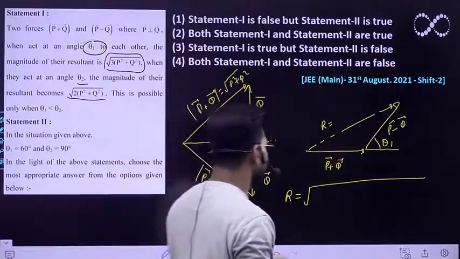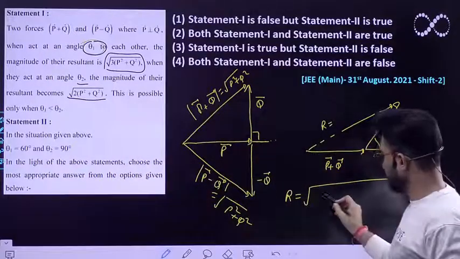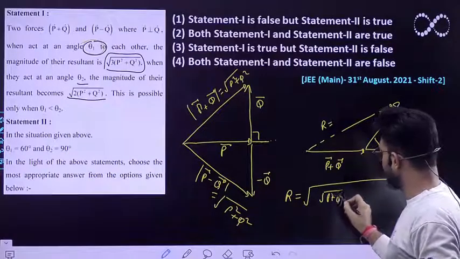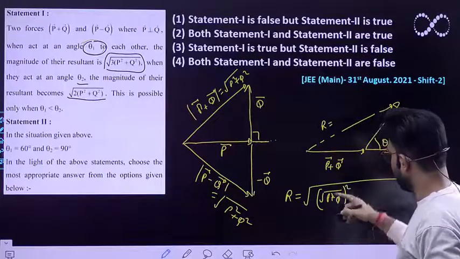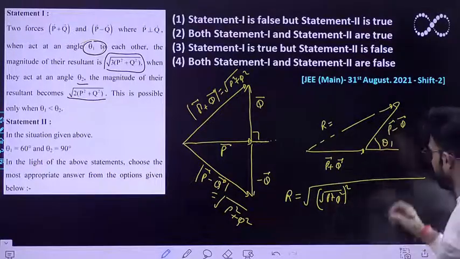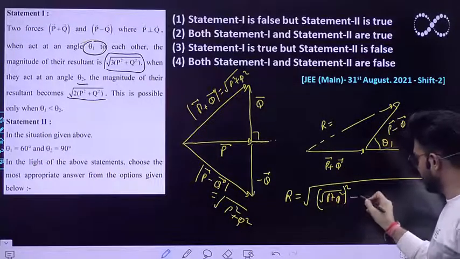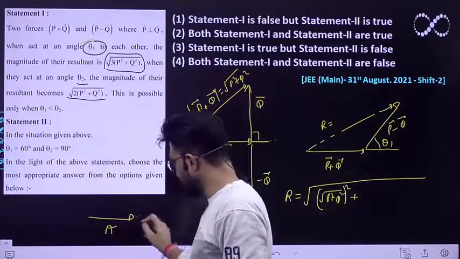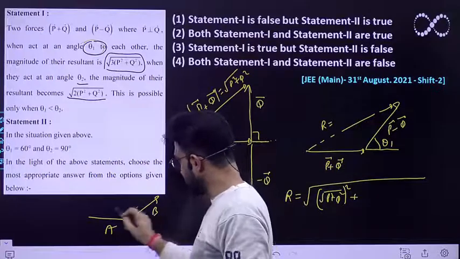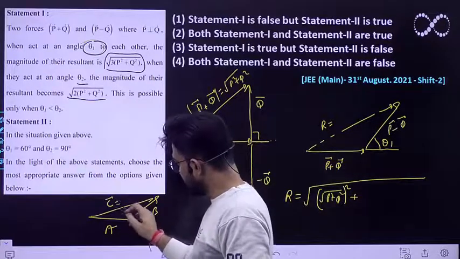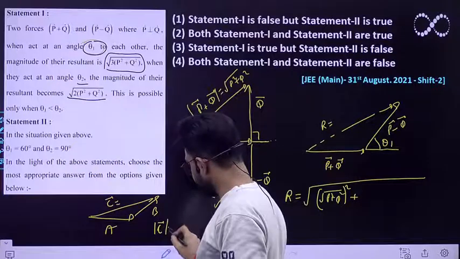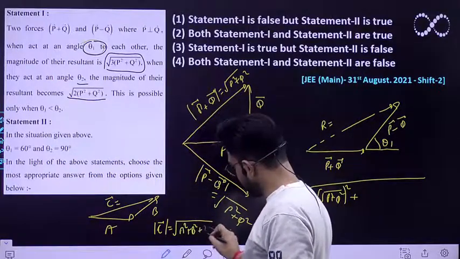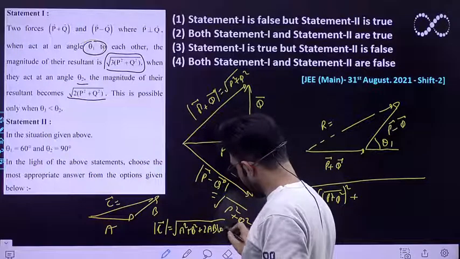So the magnitude of this whole square plus the magnitude of this whole square, plus we also know that the resultant of an A vector and B vector, suppose this is A and B, the resultant C vector is given by the relationship root of A square plus B square plus 2AB cos theta.